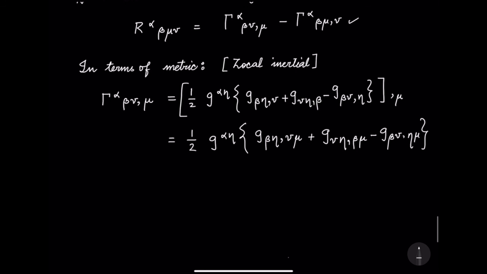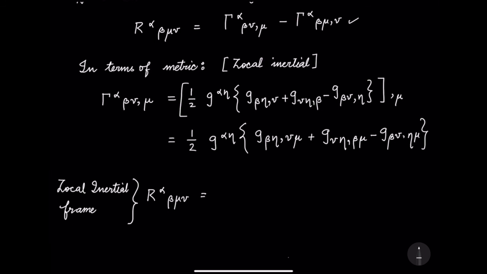Now what I have to do is local inertial frame again. I have derivatives, and the derivatives do change if I go from the local inertial frame to the general manifold, general frame. So I have to mention or remember this all the time.